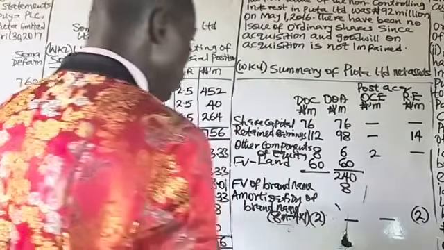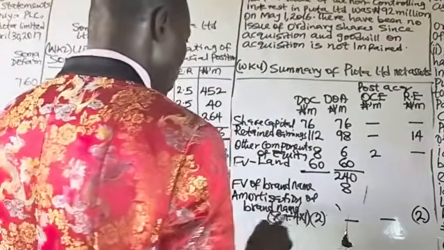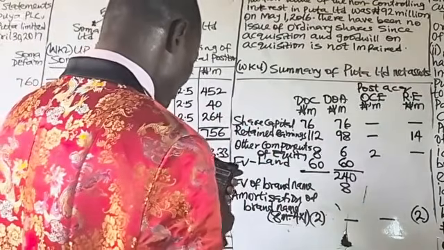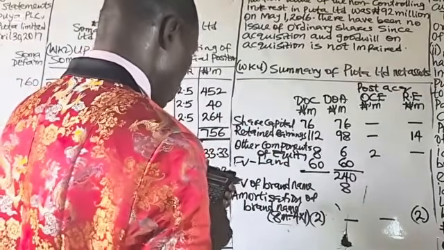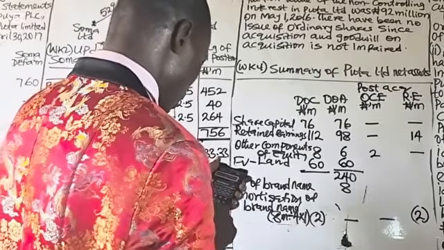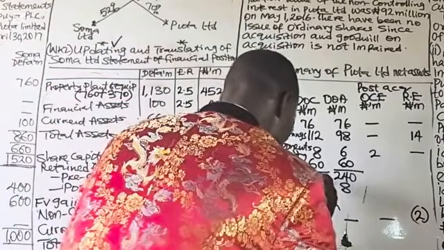Now, let me sum up the DOC here. 76 plus 112 plus 8 plus 60. We have 256.